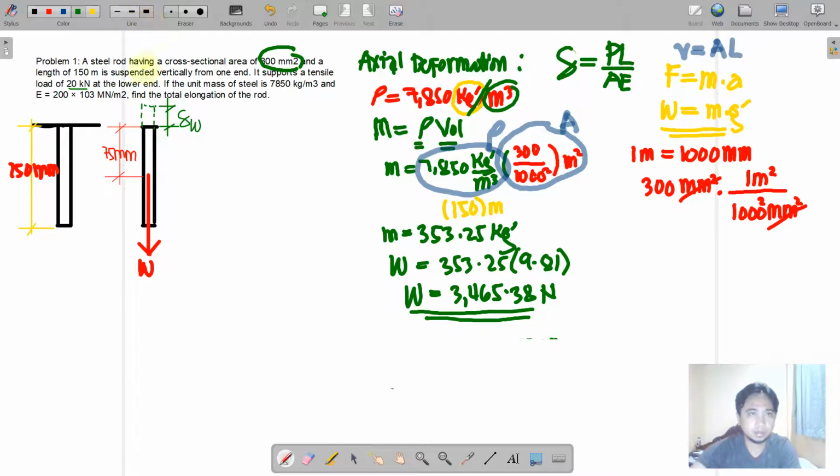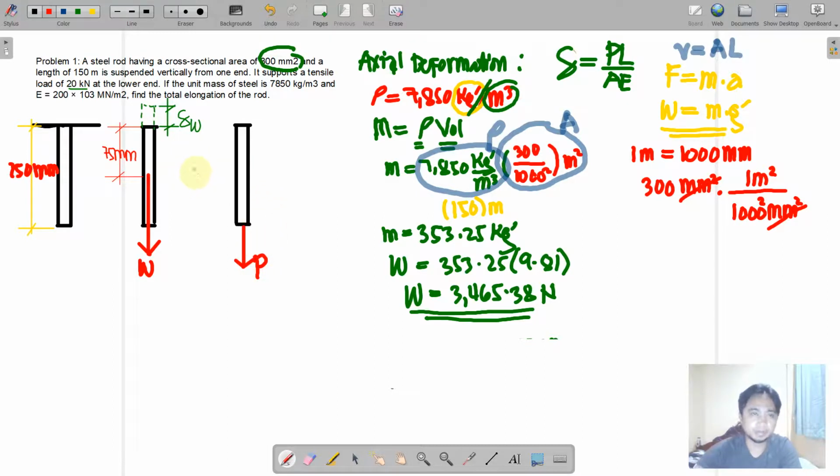Okay, so let us again draw another FBD indicating another force. See, this is the rod. So again, let us label the force at the lower edge of this rod. So this is P.